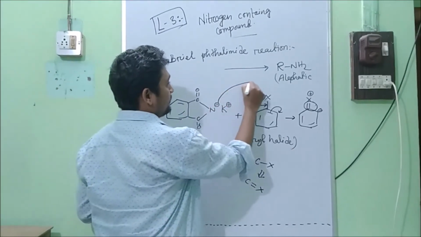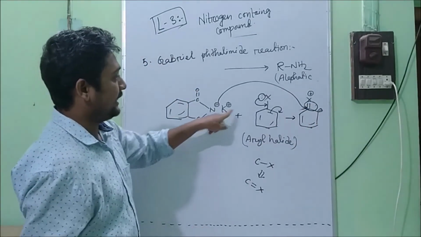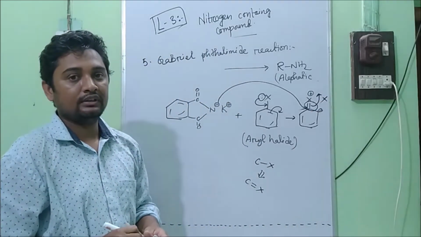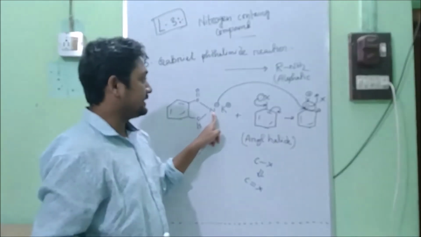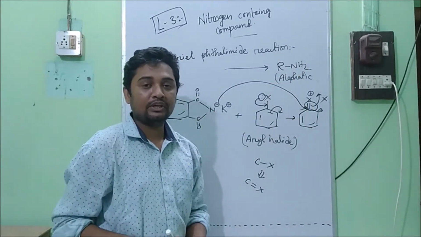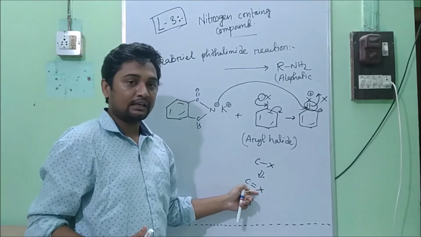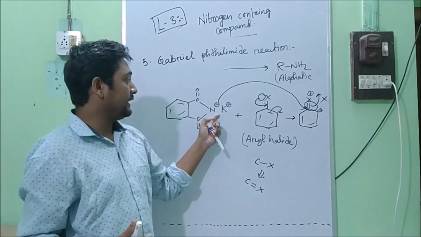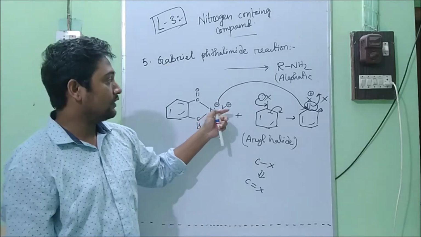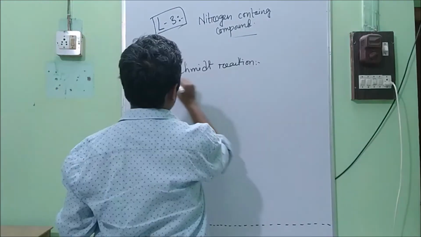So the problem is that when this negatively charged nitrogen attacks, the X will not leave from the structure, because the bond becomes stronger. Because of resonance, the bond gets double bond character, which is very difficult to substitute by nitrogen atom. That's why we cannot prepare aromatic amine by Gabriel phthalimide reaction.